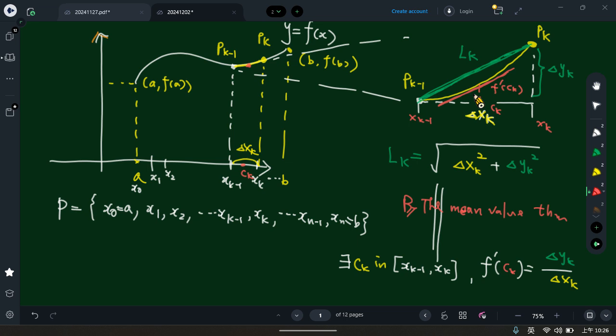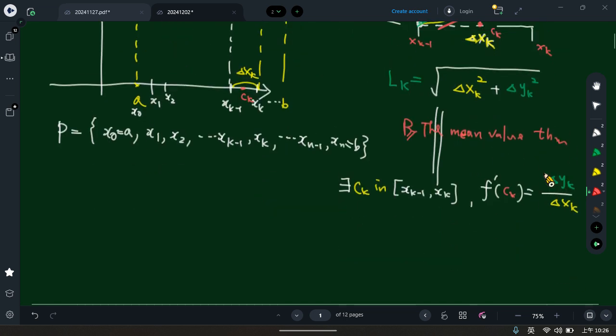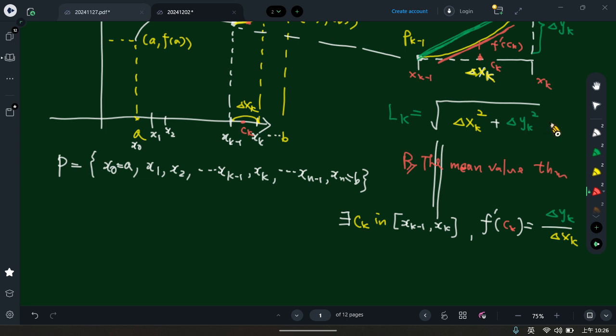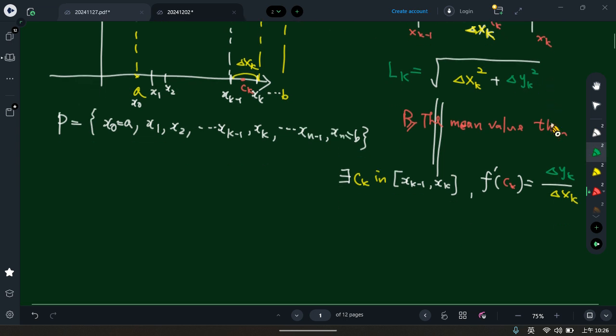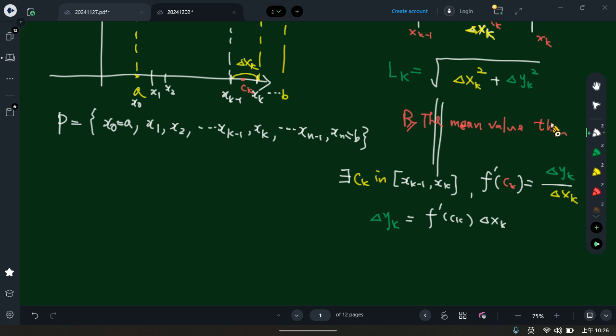Its slope will be equal to the slope when you connect these two points together, and you get the slope as delta yk over delta sk. So we can use this one to replace delta yk. So if so, we have delta yk equal to f prime ck times delta sk.